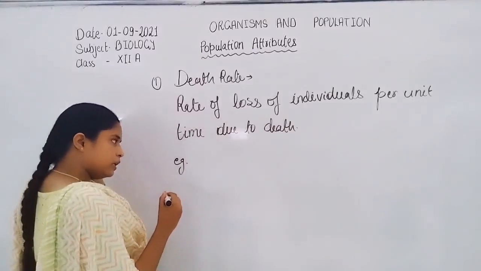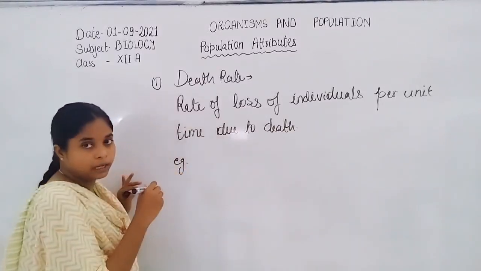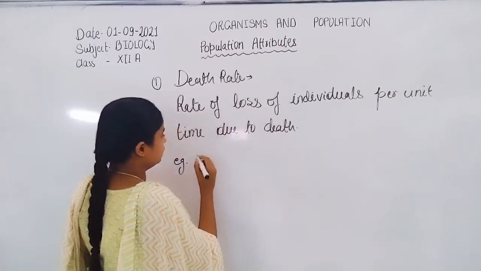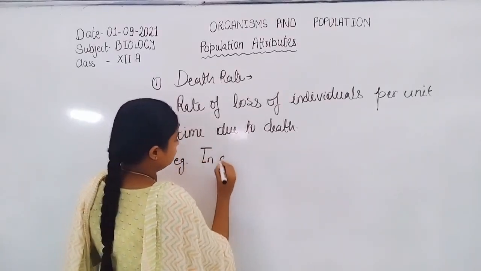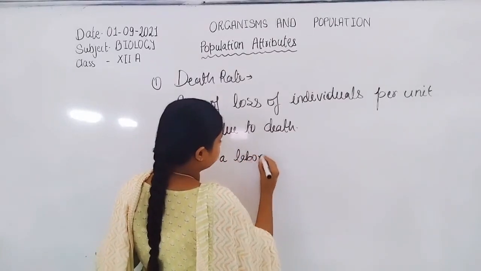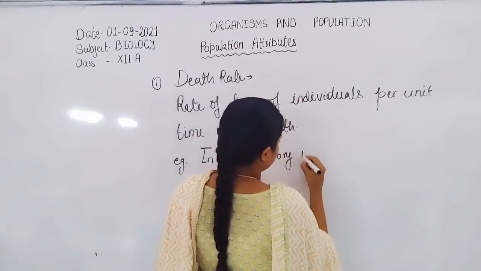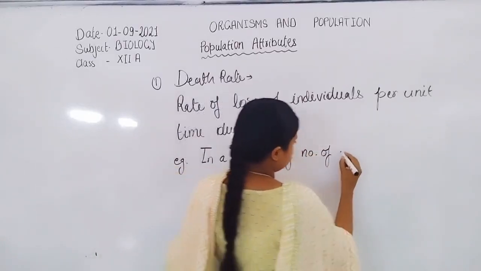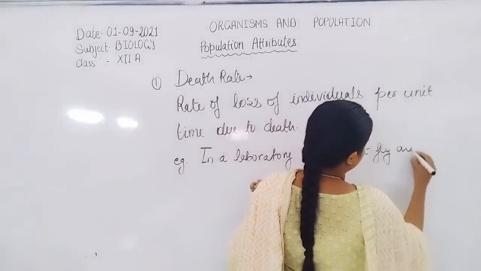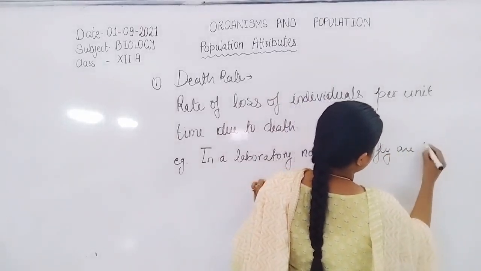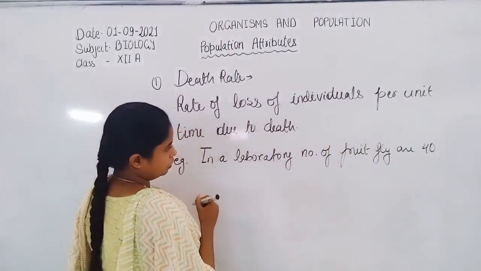For example, in a laboratory, the number of fruit flies is 40.